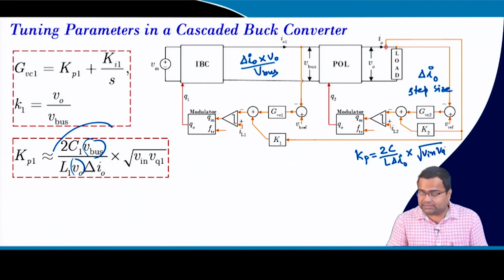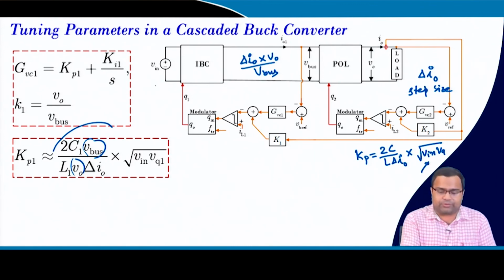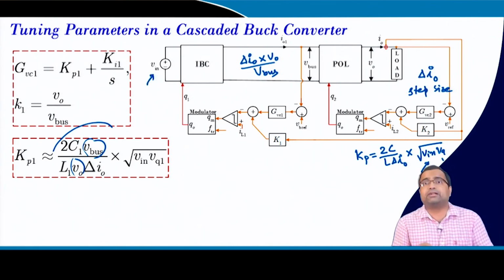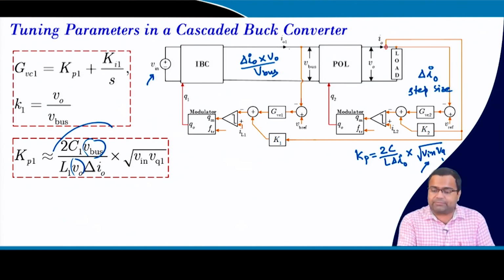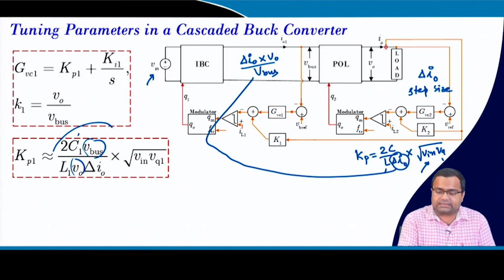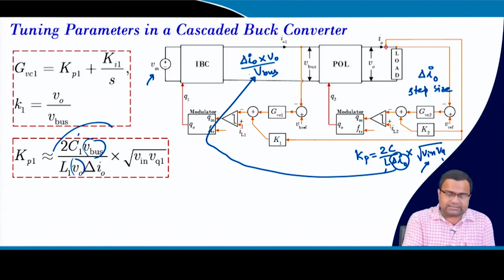So, for the first stage, the input voltage is directly your input voltage, and Vq you have to find out. For the first stage, the intermediate bus capacitor is C1 and the first stage inductor is L1. So, it is given, and this delta I0 for the first stage is nothing but what we have discussed, so this is replaced.